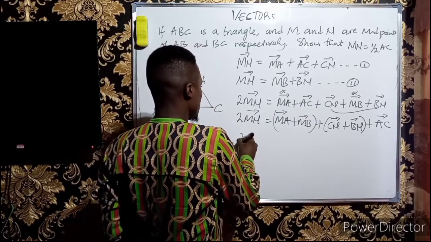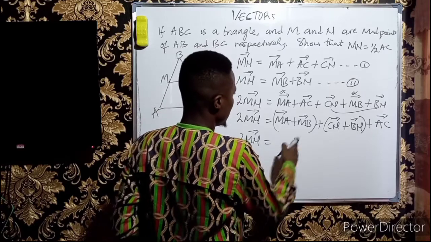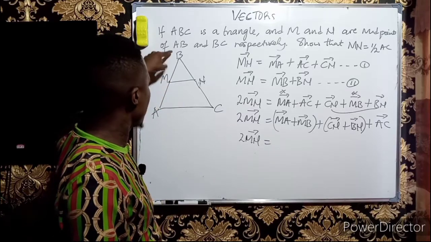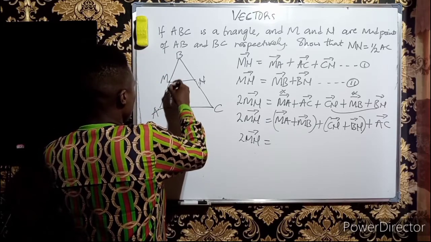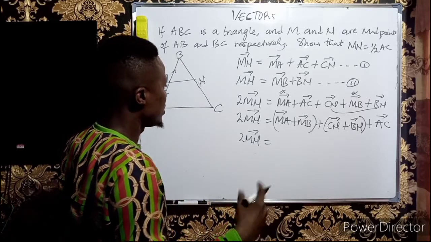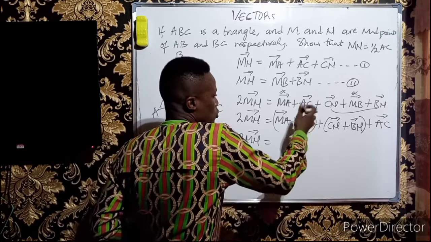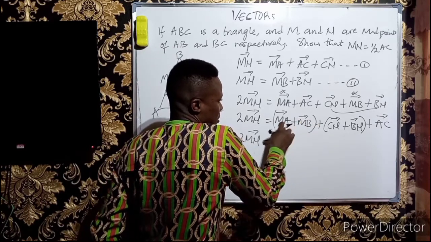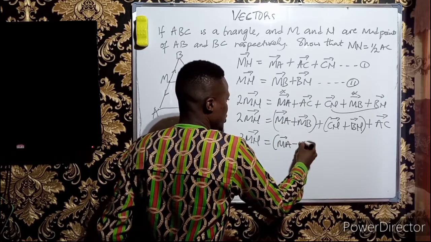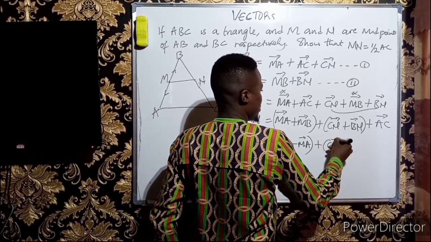So again, 2MN equals MA. Since M is the midpoint, MA and MB are equal, but MA is going this way while MB is going the other way around. They are equal, but they are negative vectors. So MB can be written as minus MA, so I can write MA minus MA, plus look at vector CN here.